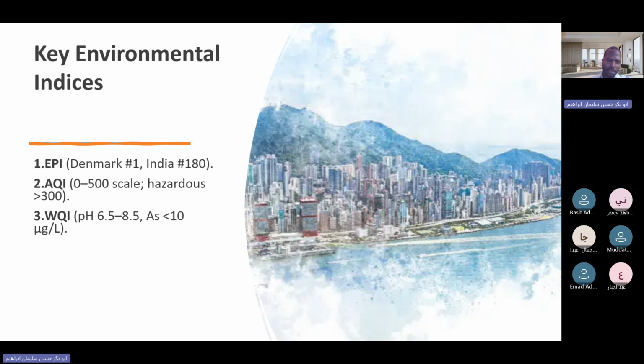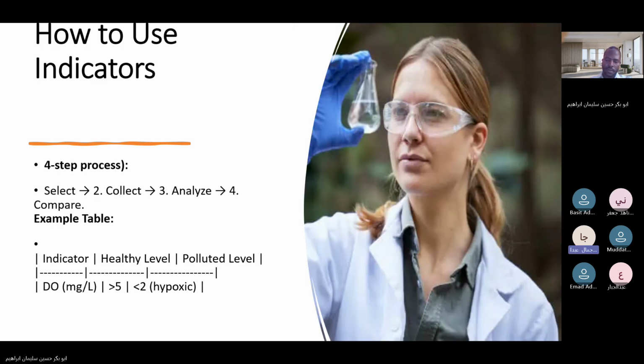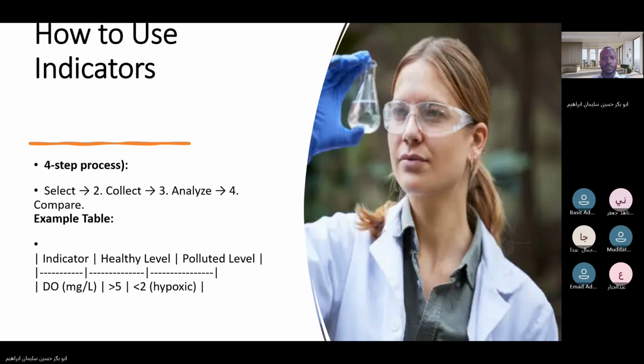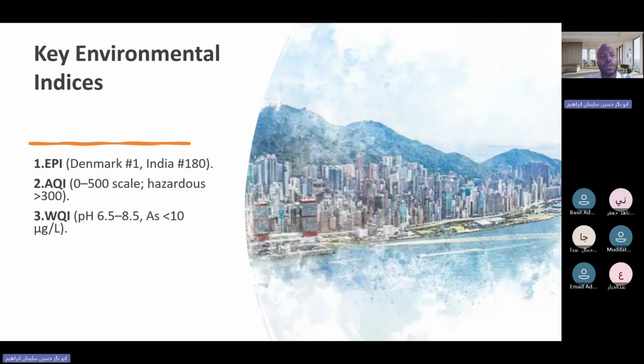Yeah, this is it. Okay, thank you. When we measure the water quality, we can use pH and dissolved oxygen inside the water to be more than 10 milligram per liter. Is there any question?